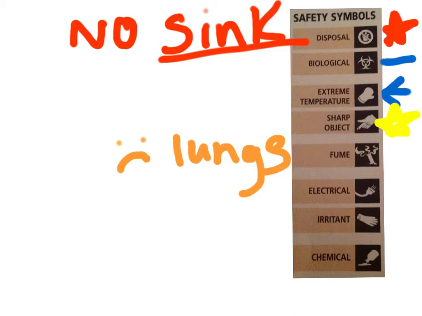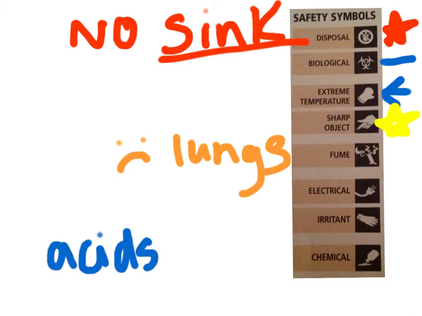Then down at the bottom, our last symbol on this screen is chemical. Okay? And this symbol means that chemicals that can react with and destroy tissue and other materials. So anything that's a super strong acid or a super strong base is going to make this symbol come up, because really we deal with chemicals all the time, but we want to make sure that we're being especially careful if they're going to be super strong.